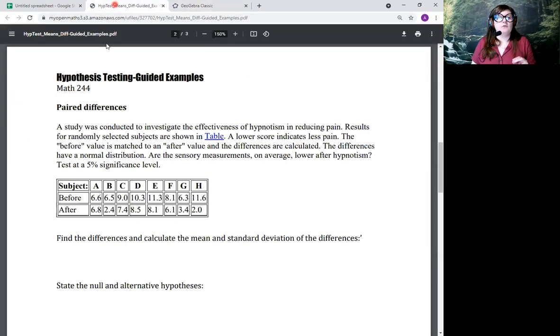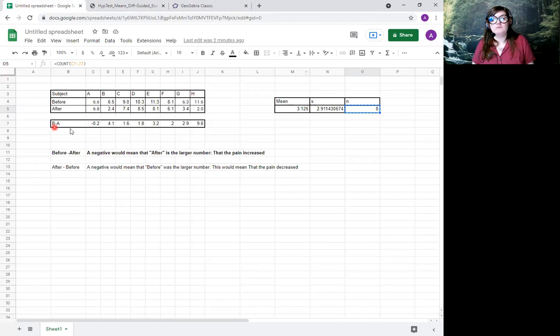Now, what are we testing for? We are testing to see if it's lower after hypnotism. Is this the smaller number? Well, with the way I subtracted, a negative makes a smaller number, or my before makes a bigger number. So I want to know if these are positive.